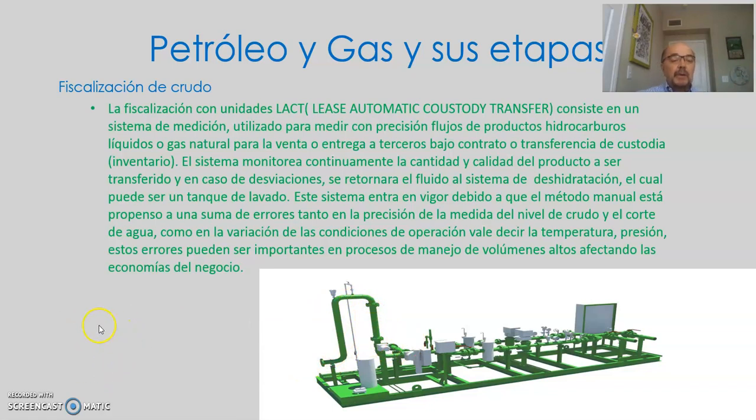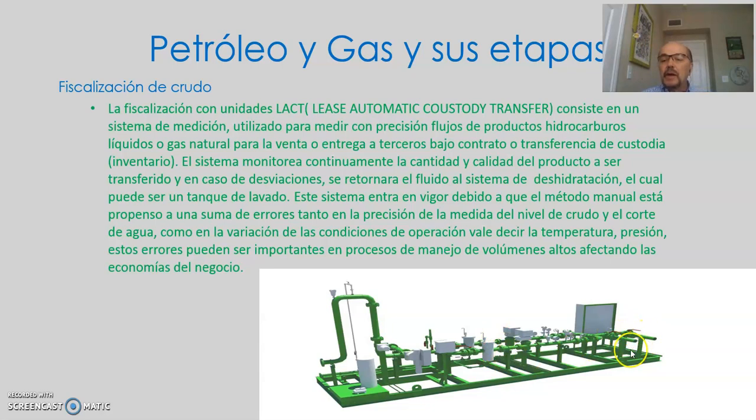Normally, in a place that I was in the States, they had a wash tank, an intermediate tank, and a pumping tank. And the pumping tank will pump here to get in the LACT unit, and then everything was automated. Everything was flowing automated.